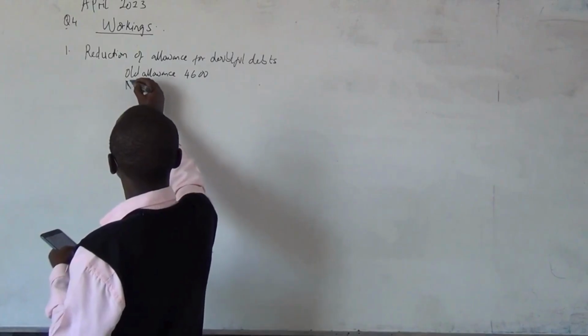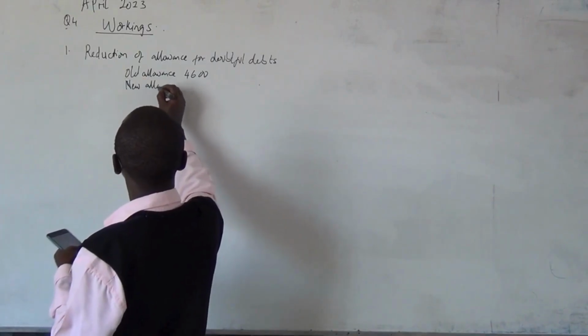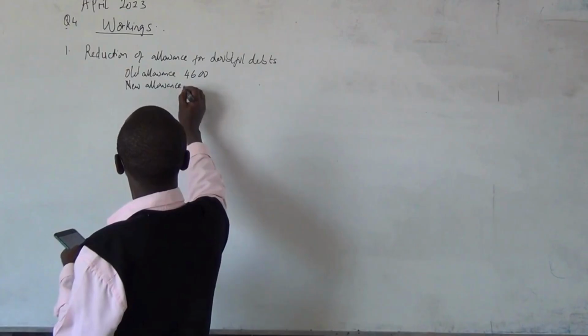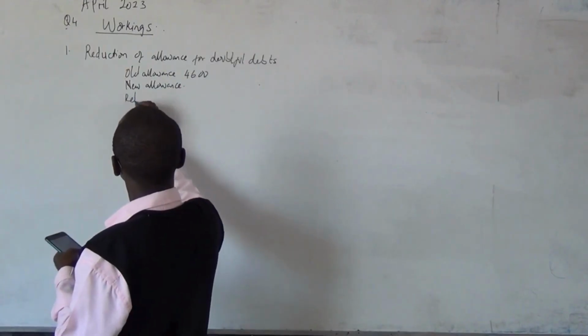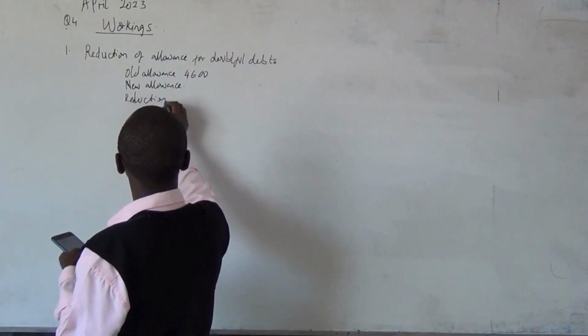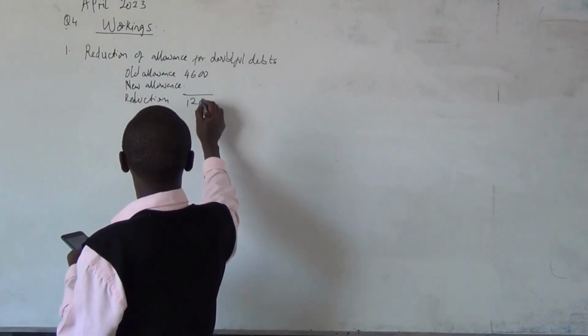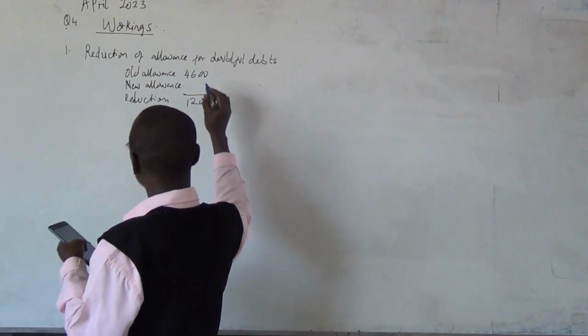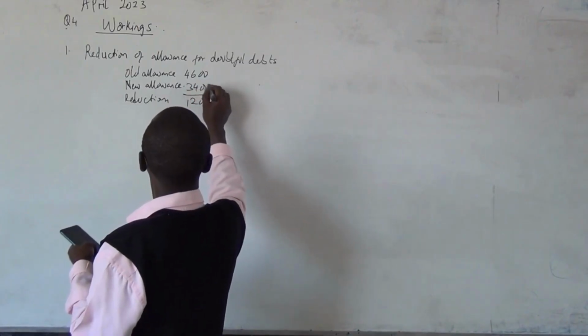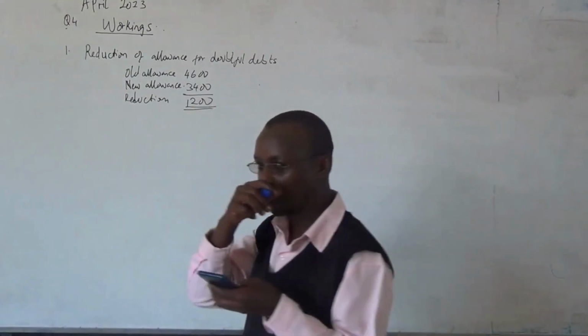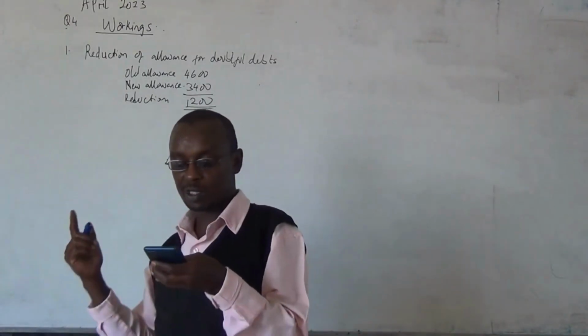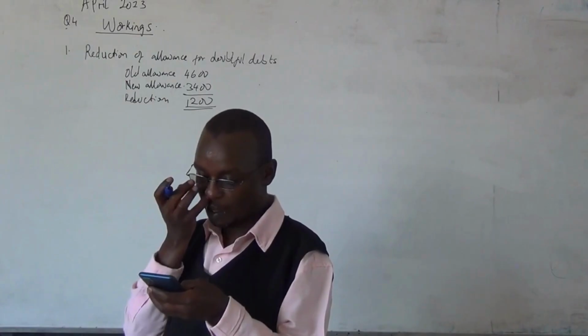So the new allowance, then we have the reduction. We have been given the 1,200, isn't it? So this is our reduction. This one we're going to treat in other incomes.